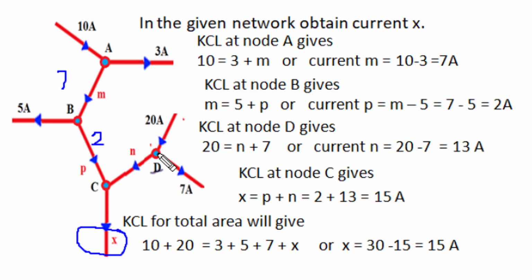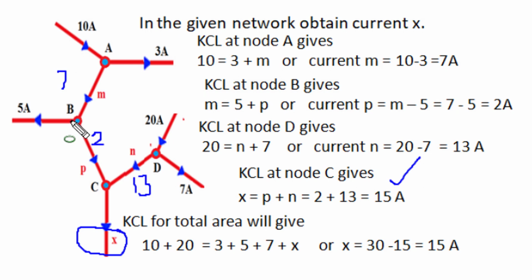Similarly, at junction D, the incoming current is 20 and one outgoing current is 7, so the sum of incoming current equals the sum of outgoing current, N and 7, and some simplification results in the value of N equal to 13 ampere. Now N is 13 ampere and P is 2 ampere, both are incoming currents, and the sum of incoming currents 2 and 13 becomes the outgoing current, so X is obtained as 15 ampere.